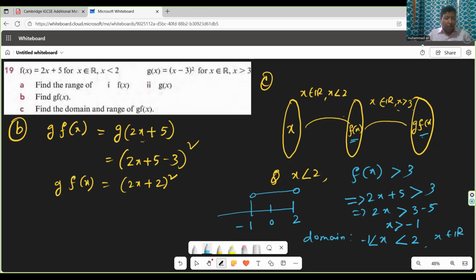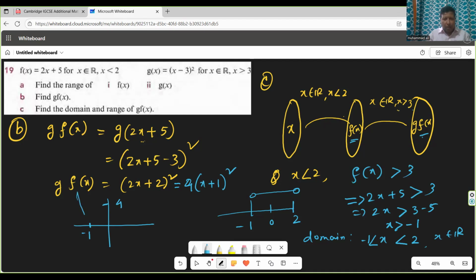Now we have to find out the range. It is better, if you want to find the range, to sketch this. If we take 2 outside, it will be 4(x + 1)². So it will be −1, and this is 4.